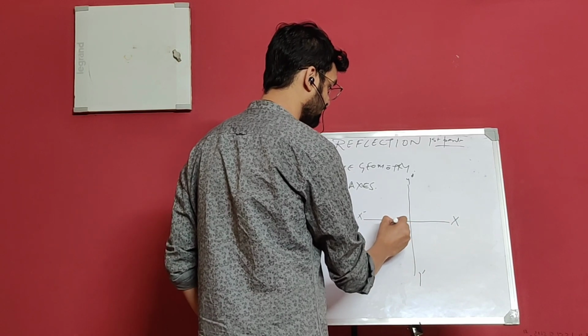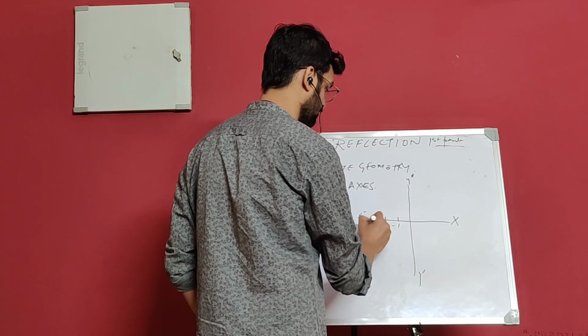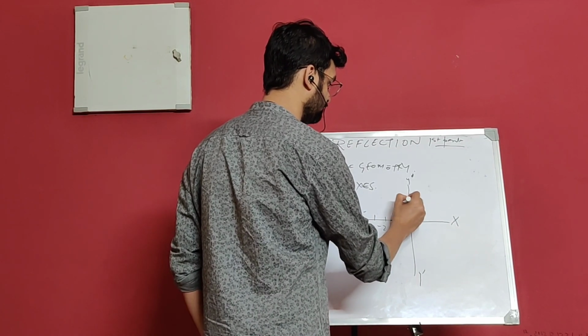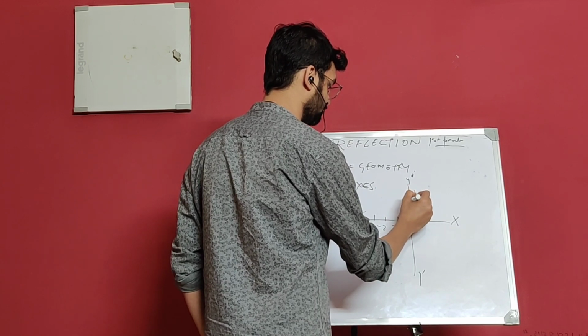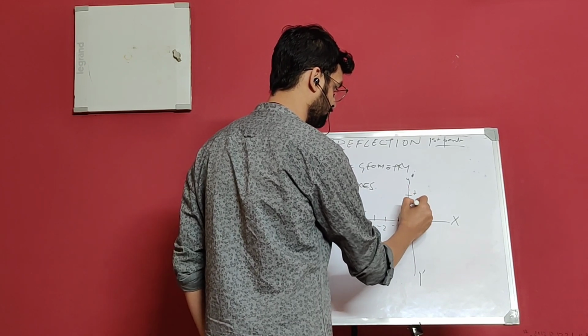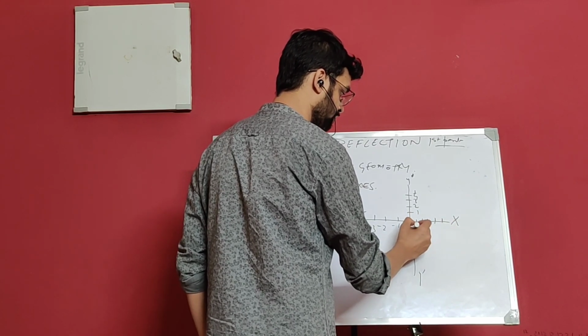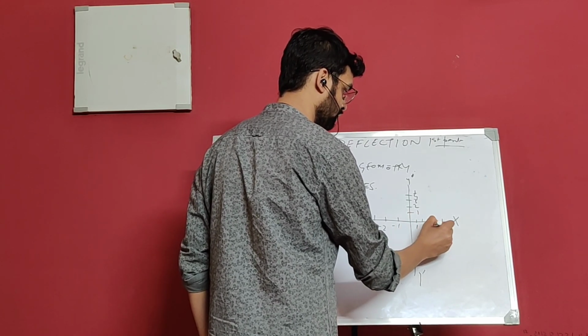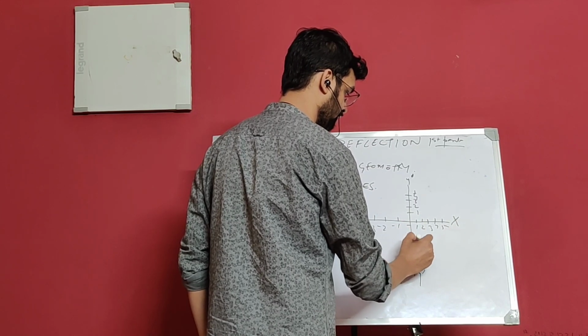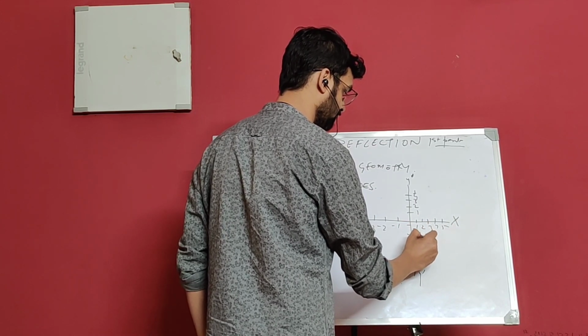In x dash we have minus numbers, in y we have positive numbers, like 1, 2, 3, 4. In x here also we have positive numbers like 1, 2, 3, 4, 5, and here we have the negative numbers.